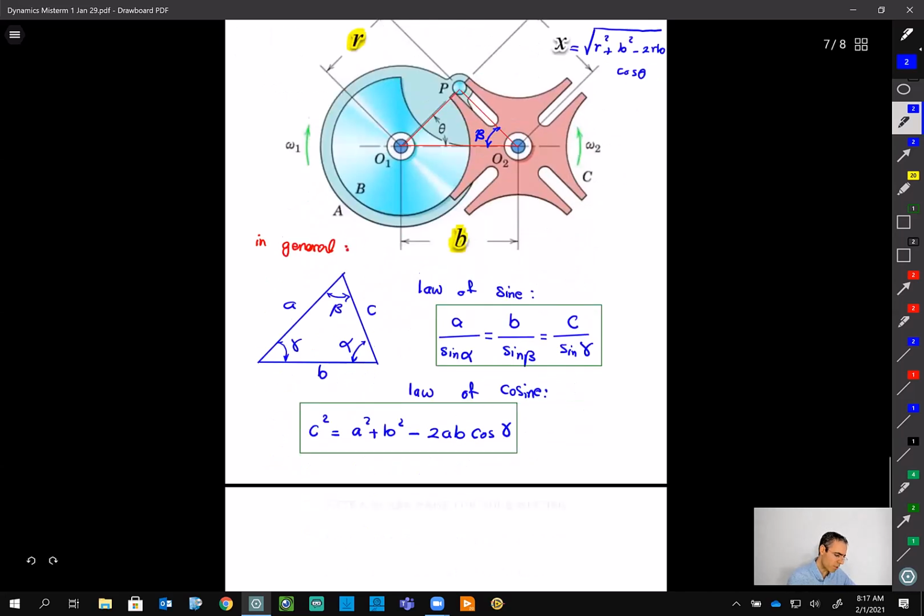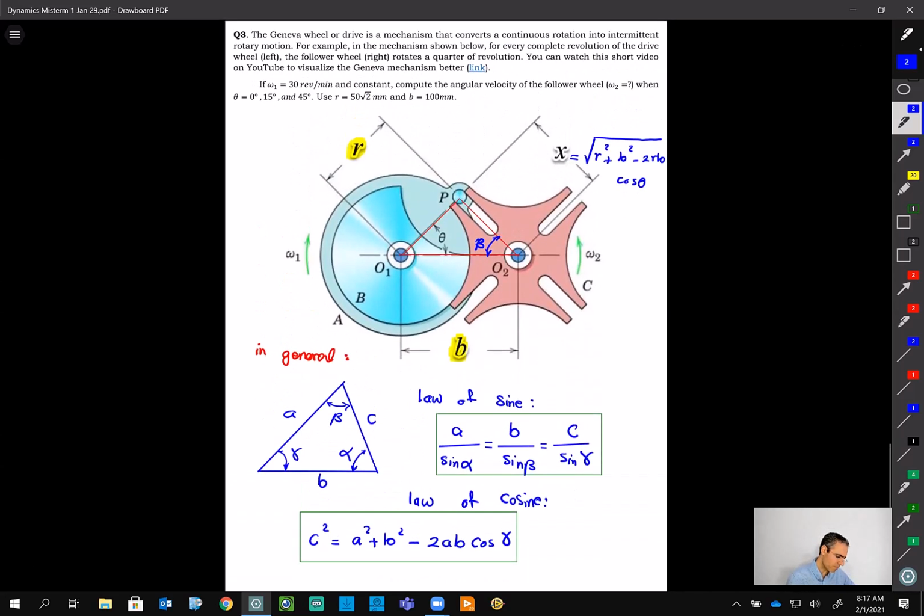We have a triangle, so if I call this angle, this one is going to be 180 minus theta plus beta. So can I write it like that? I like to involve only r and b, because I know they are constant and I have the values.